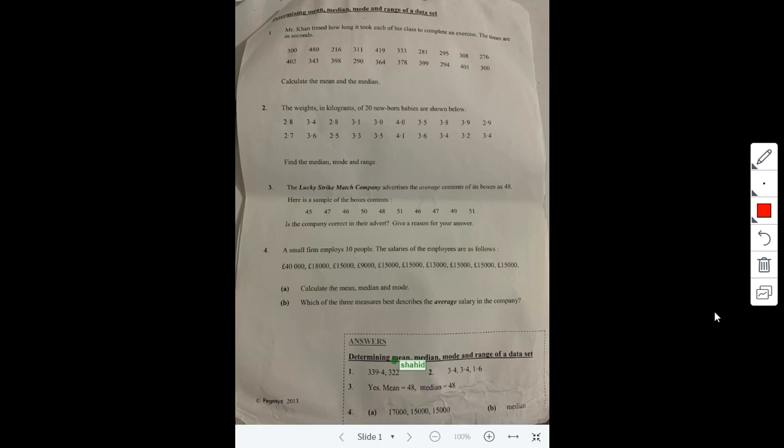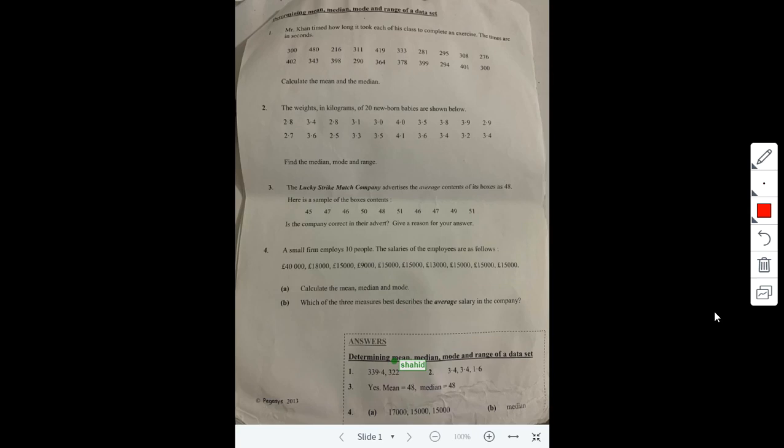Median, okay. When you arrange them, first you have to see whether the total number of values is odd or even. They are even, right? So you'll get two middle numbers, and you take the median of those. Yes.